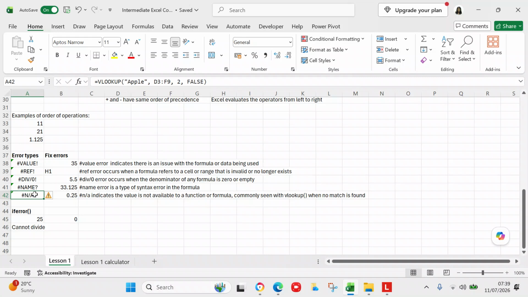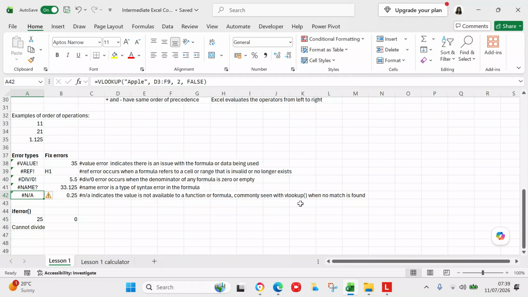What that means is you're going to look for the word apple in cells D3 to D9, in the second column of that range of cells. False means that you're looking for the exact spelling.